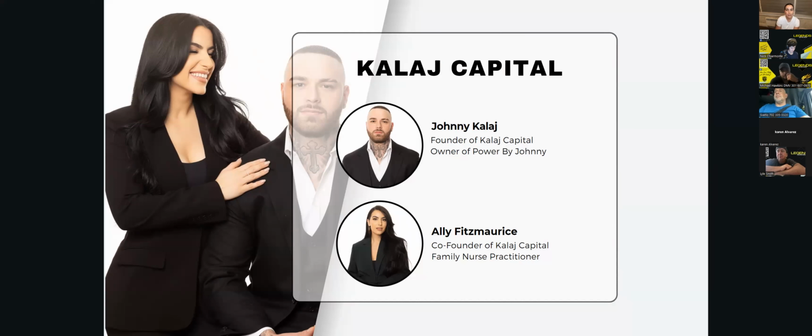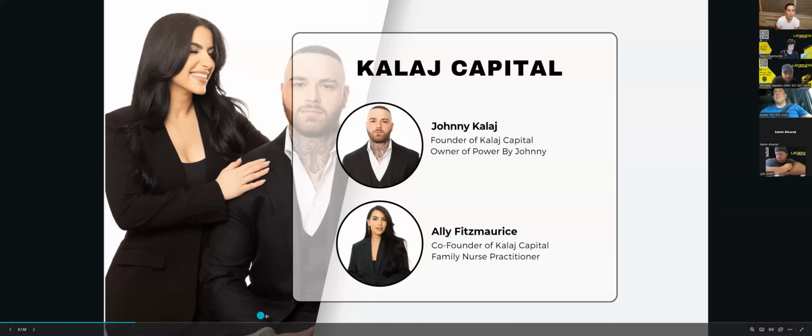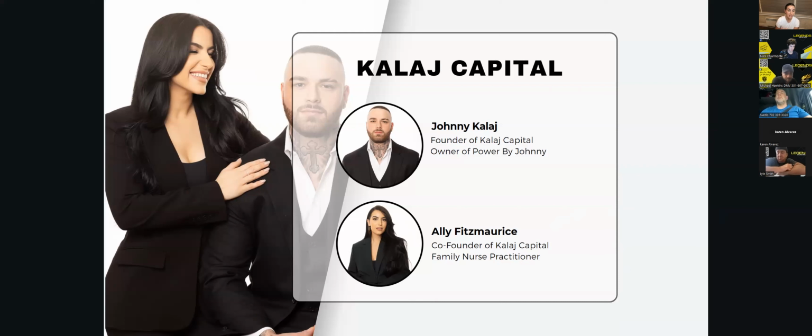When we first met, I was going to work until I was 65 and then retire, and you guys all know that situation. And his mindset was totally opposite of mine. So he was essentially the catalyst for my entrepreneurship and my shift in mindset. We got into real estate because he wanted to own apartment buildings, but we didn't start there.